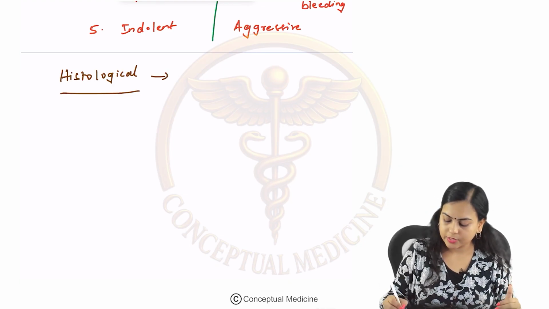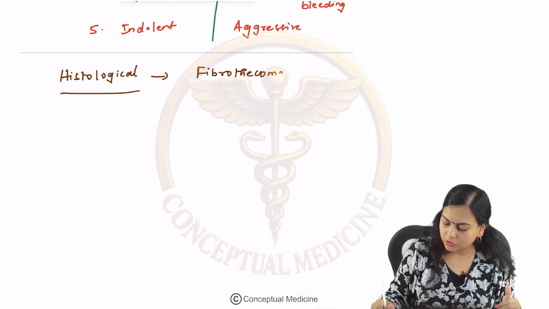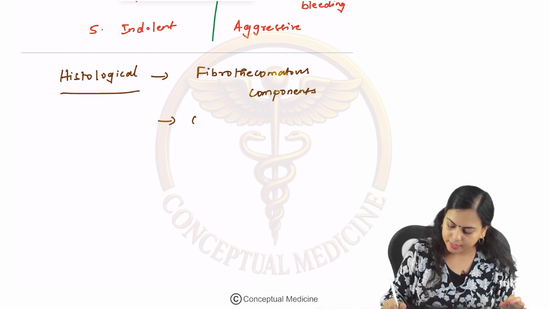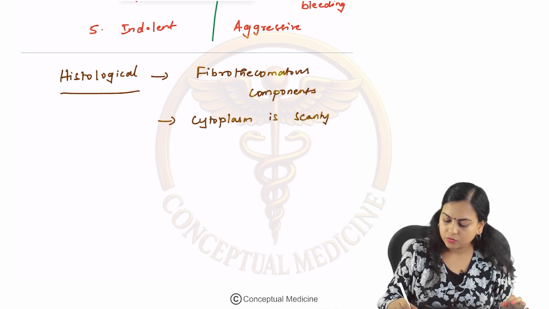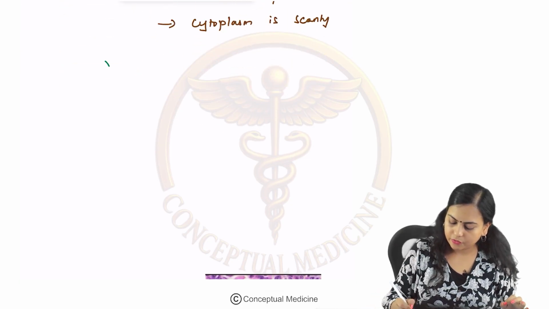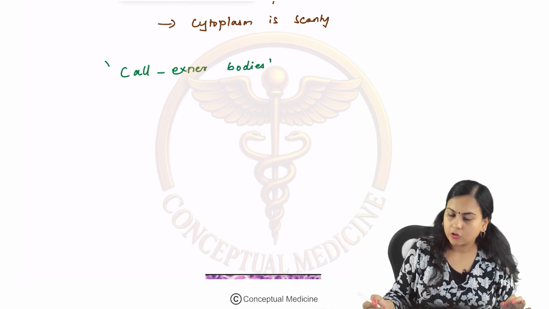You will be able to see fibrothecomatous components. Okay, fibrothecomatous components are seen. The cytoplasm is scanty. Okay. So, there are a specific type of bodies called Exner bodies, which are common.